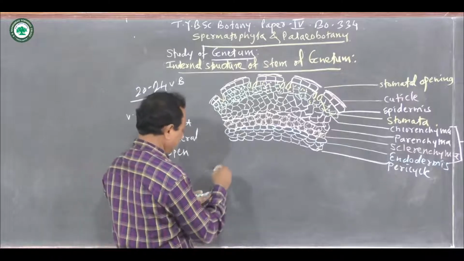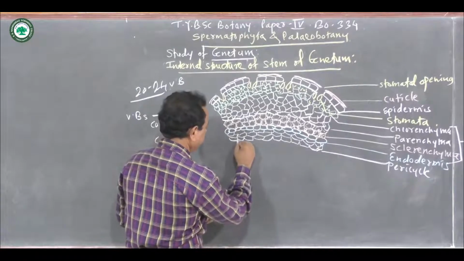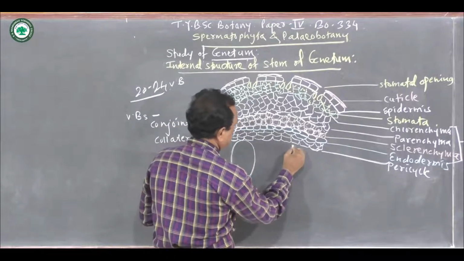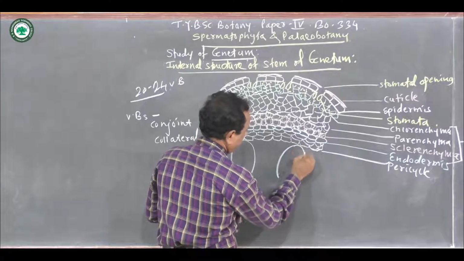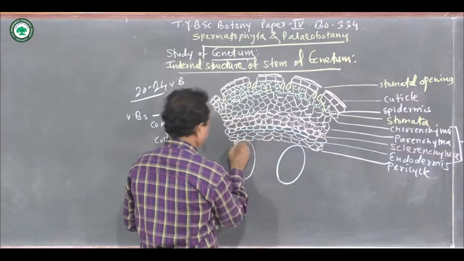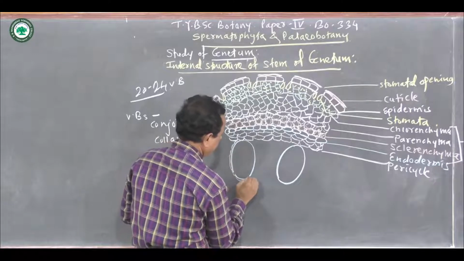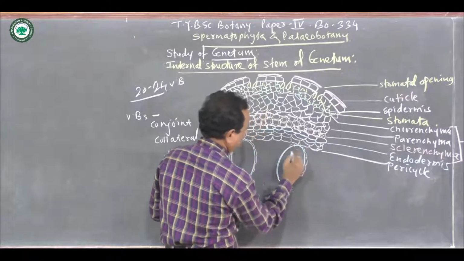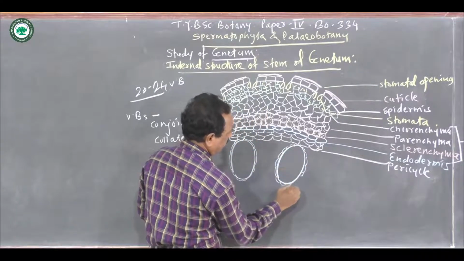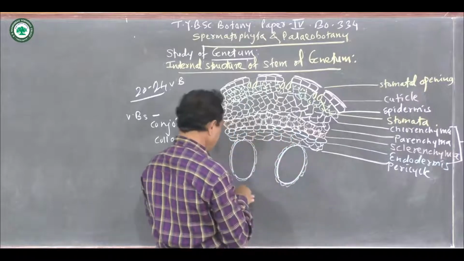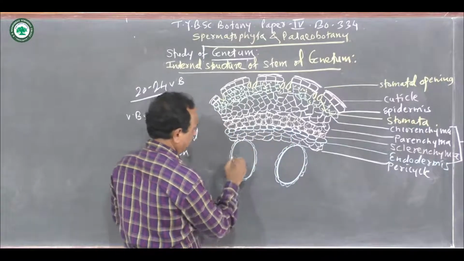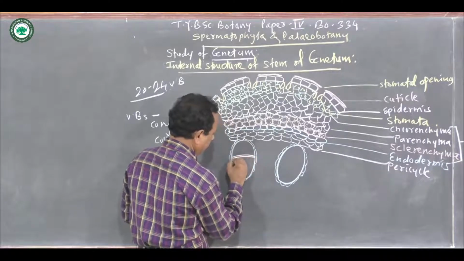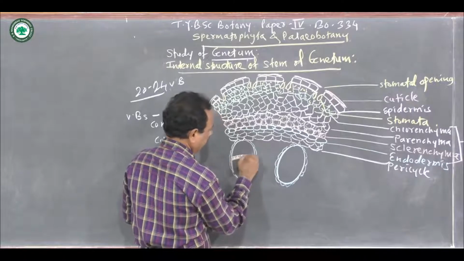So these vascular bundles, if we see, this is the bundle sheath of the vascular bundle. This vascular bundle shows the presence of the cambium. So this cambium is present in the vascular bundle.